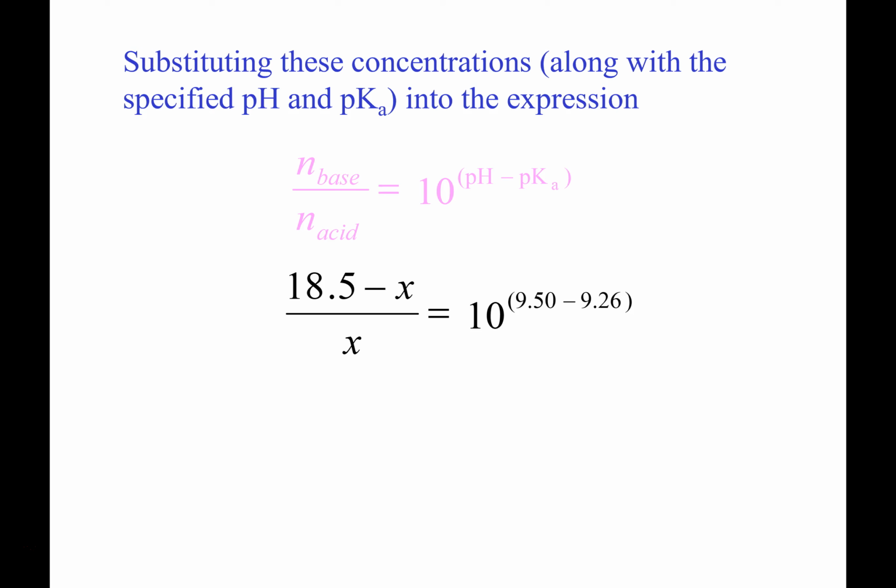Gather your x terms and you're set. You can then solve easily for x, and you'll get a value of x equal to 6.75 millimoles. And what does that mean? That is the millimoles of HCl you need to add in order to get this whole thing to work. It's just a beautiful kind of balance here.